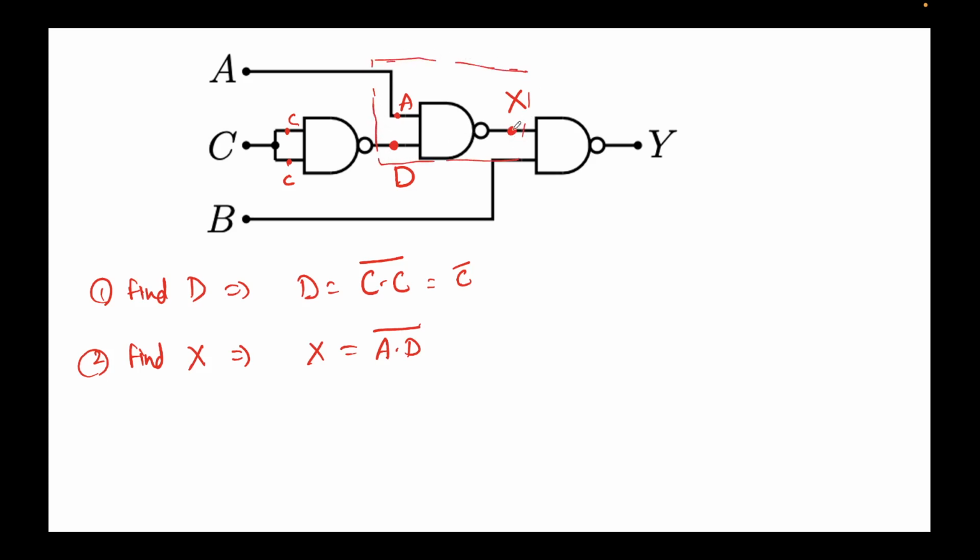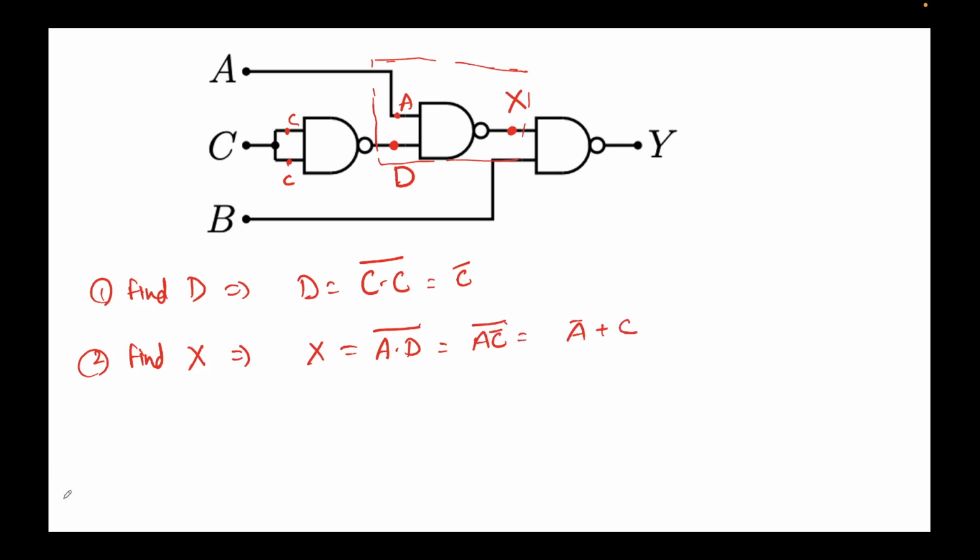The output X is A times D whole bar. So I can simply write it as A times C bar whole bar, as the value of D is C bar. And if you apply DeMorgan's law, it can be written as A bar plus C.